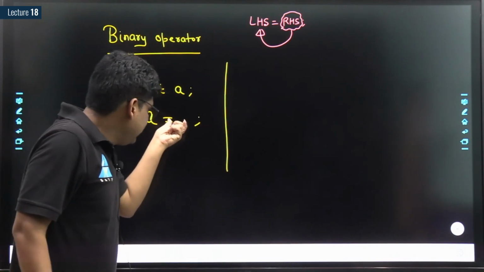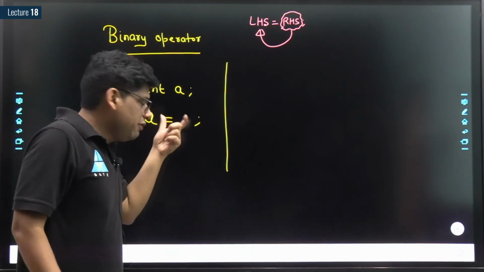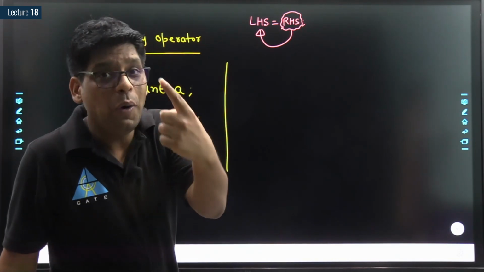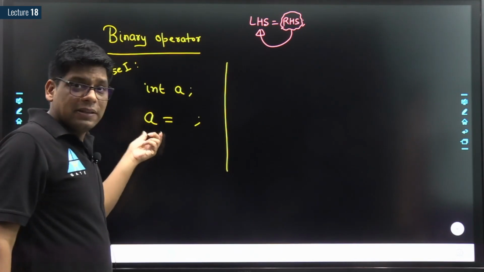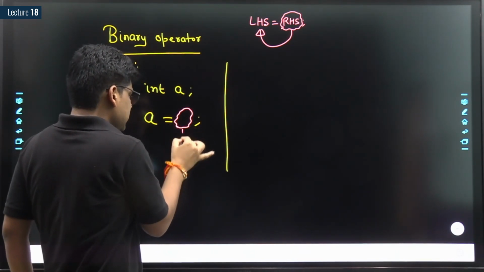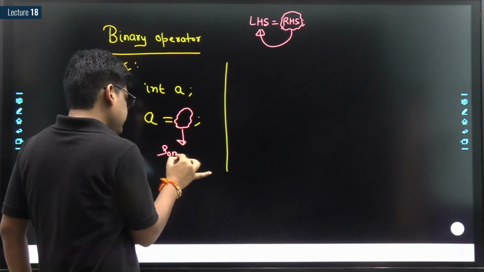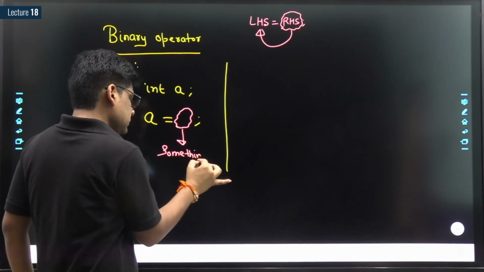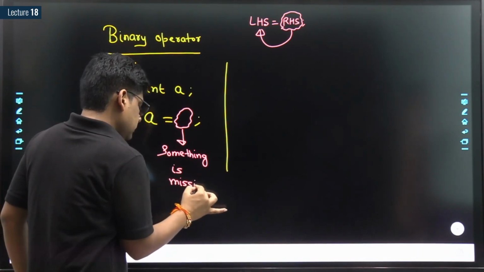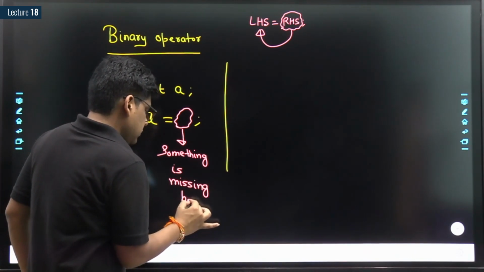Did we provide any value? No, sir. That means for the compiler, we only provided one operand, which is the LHS. Something is missing here. Am I right or not?